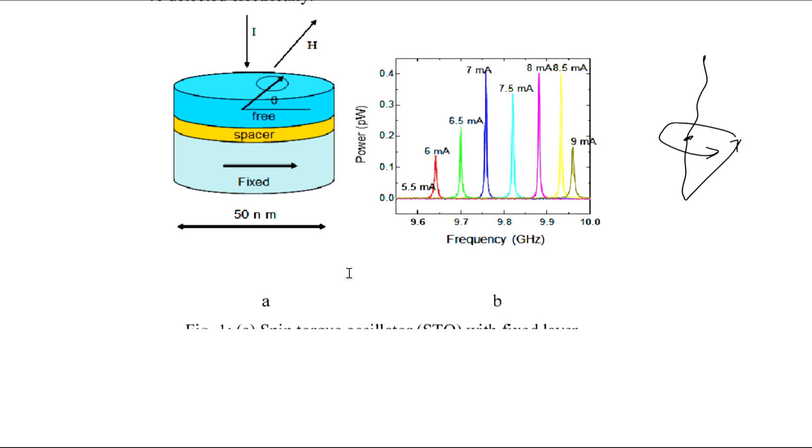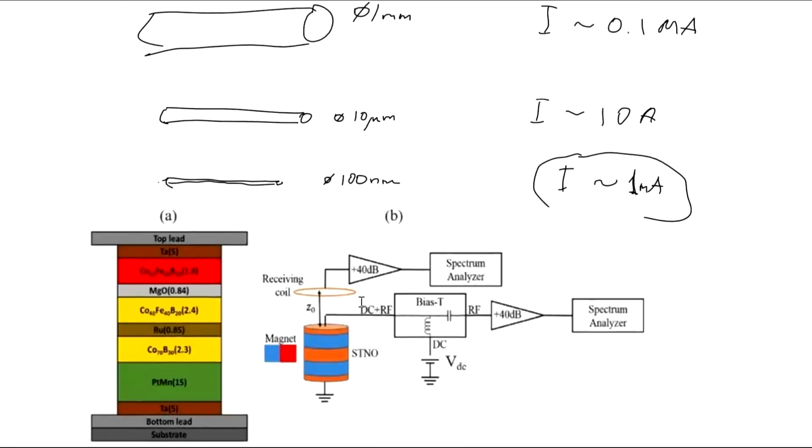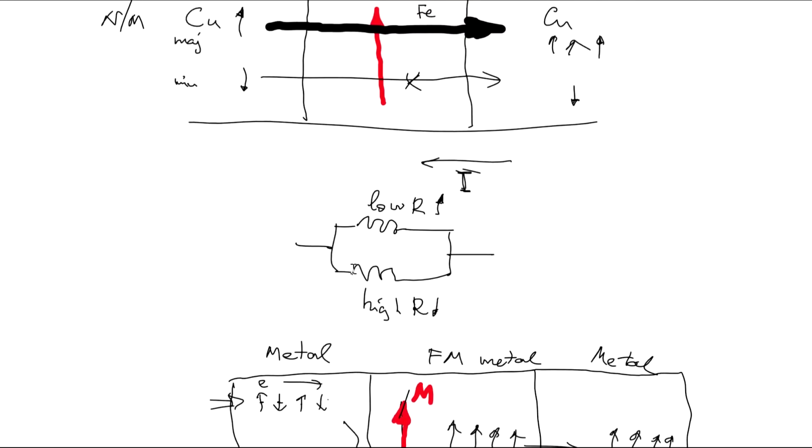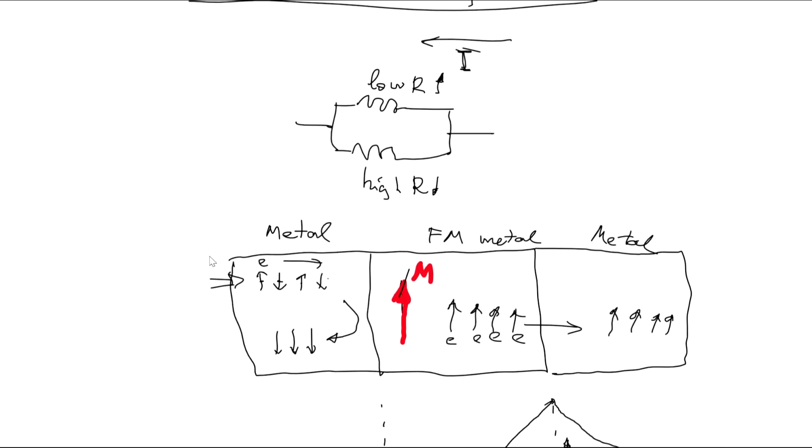Now the interesting part is how do we measure these things? If you go back here, you can see that there is scattering. You can see that if we have electrons aligned with magnetization, they go through.